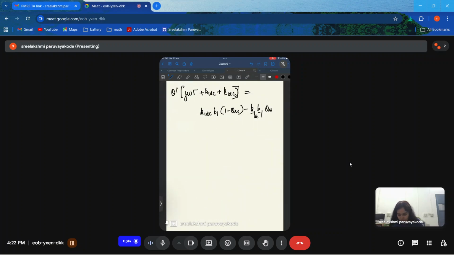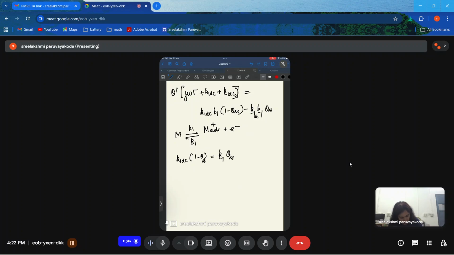Now we have to simplify it. What is the first step? The first step is M adsorbed plus electron. So the forward reaction K1 dc into 1 minus theta equals K minus 1 dc theta at steady state.